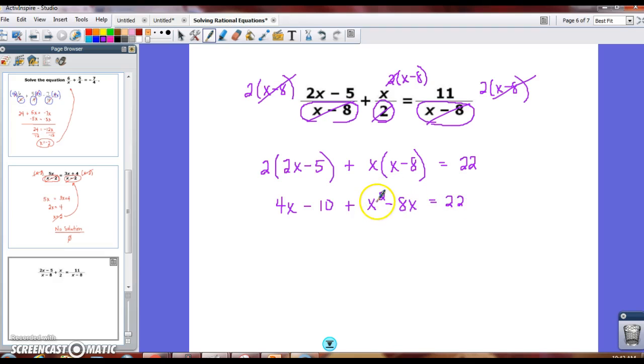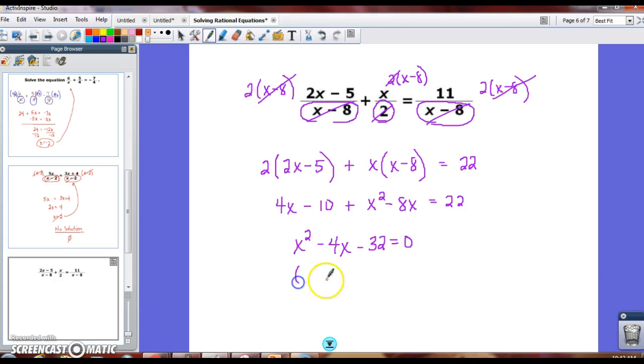So I have a quadratic, which means I'm going to want to get everything over on one side of my equal sign, so I'm going to first combine my like terms. I have x squared, and 4x and negative 8x is negative 4x. If I subtract 22 from both sides, I end up with negative 32 and equals 0.